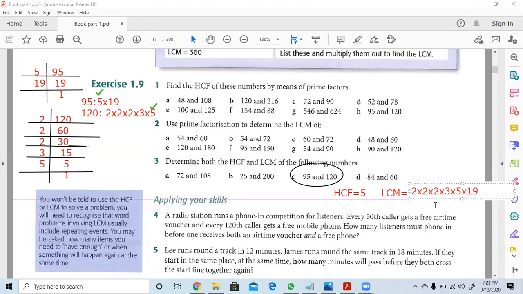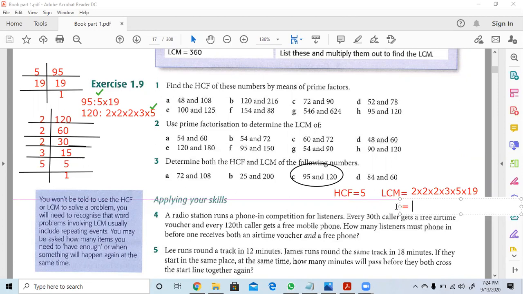So when we multiply, we will get our answer. 2 multiplied by 2 is 4, 4 multiplied by 2 is 8, 8 multiplied by 3 is 24, 24 multiplied by 5 is 120, and 120 multiplied by 19, let me check, 1 minute. 2280.